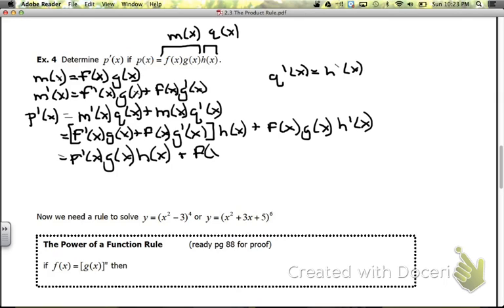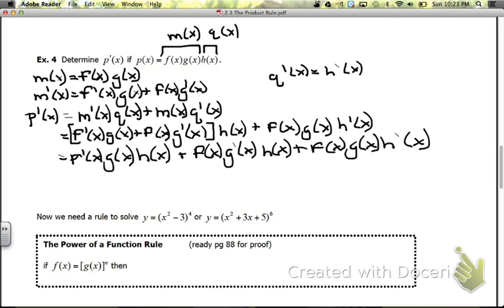Now we can expand this, so we get f prime of x, g of x times h of x, plus f of x, g prime of x, h of x, plus f of x, g of x times h prime of x. So what you'll notice here is that you're multiplying the one prime by the two regular functions.